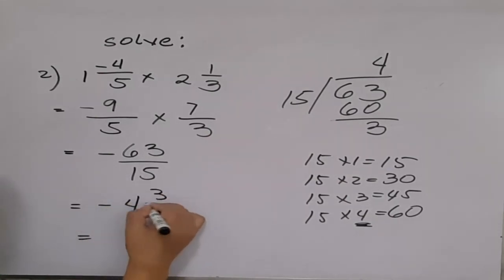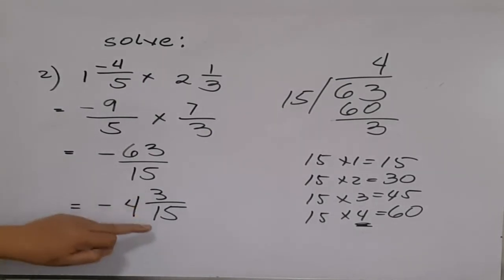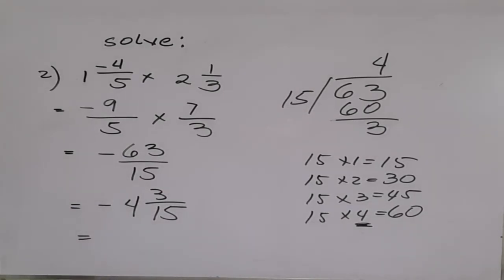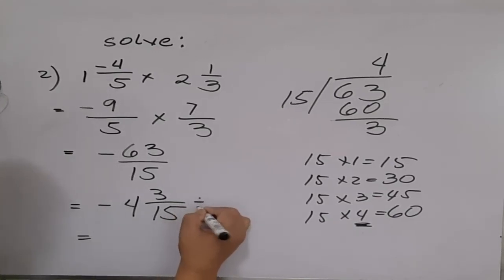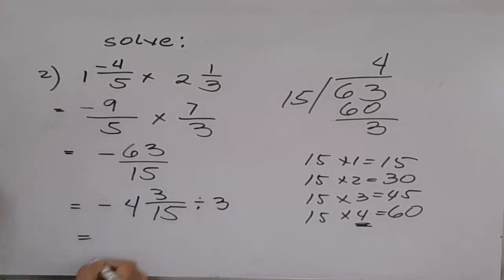4 and 3 over 15. Take note that 3 and 15 are divisible by 3. So we divide both numerator and denominator by 3. So simplifying, this will be negative 4. 3 divided by 3 is 1.